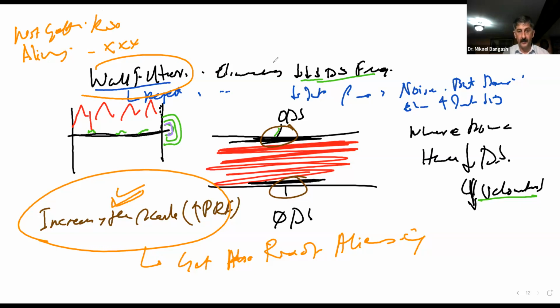So this blood vessel shows both ghosting and you might even have some aliasing. If you apply the wall filter, it will only get rid of the ghosting. Clear? But you will still have the aliasing. Did that make sense?